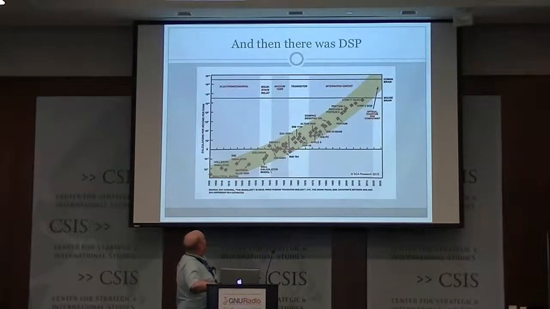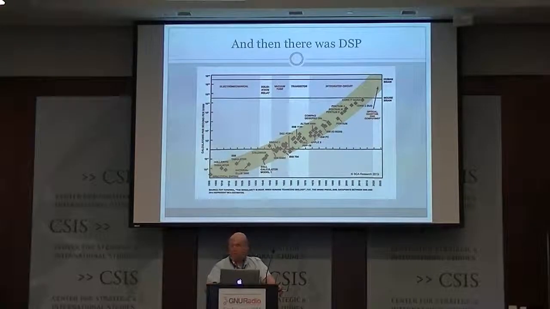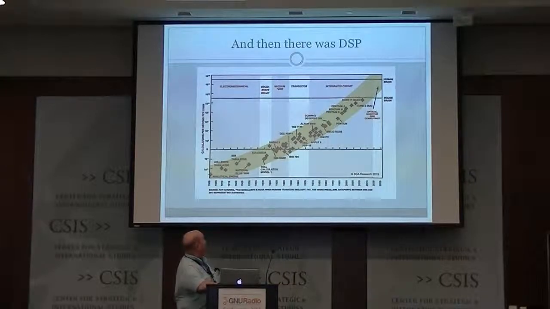Something else that's gone on, as I've told you about, is DSP. We wanted to get away from all those old analog circuits, and we had A to Ds, so we could turn signals into digital numbers and crank through these things digitally. I remember my first digital signal processing problem was in the early 1980s.